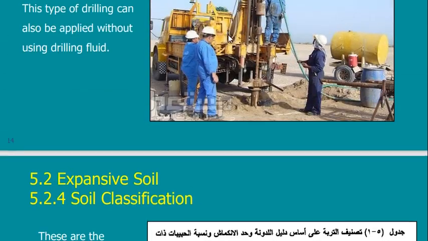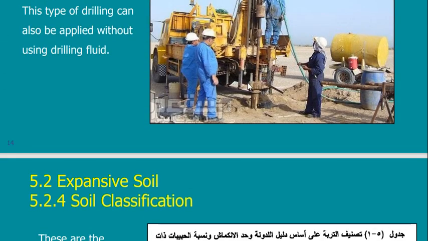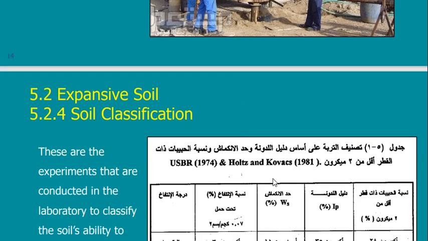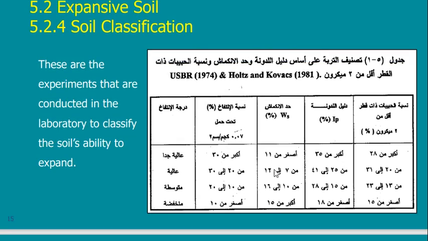Once we do our site investigation, then we can take samples, and we can perform some experiments in the lab. These experiments deal with the plasticity index, shrinkage limit, liquid limit, and so on. These are all Atterberg limits.